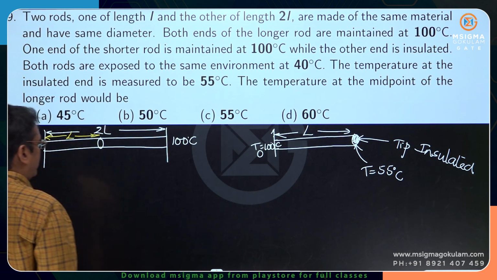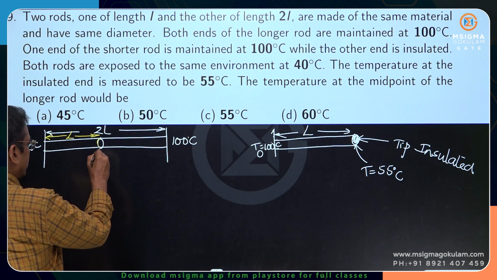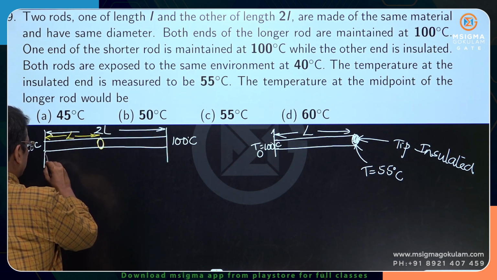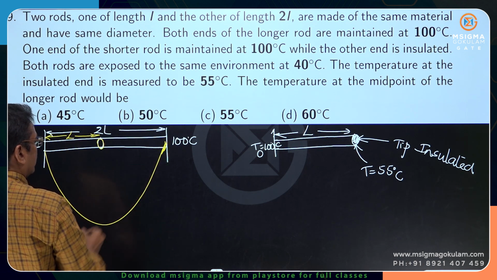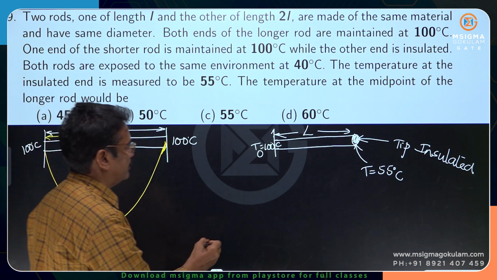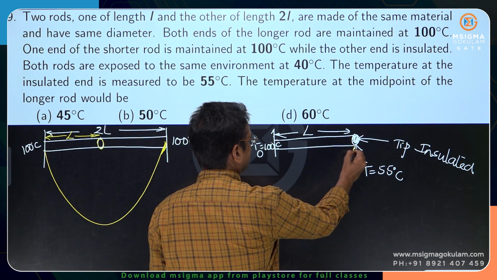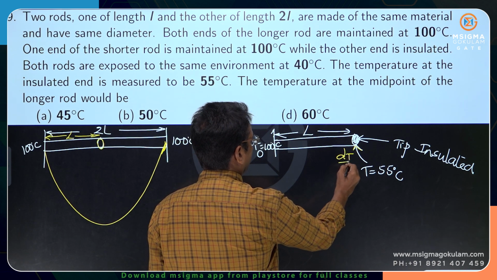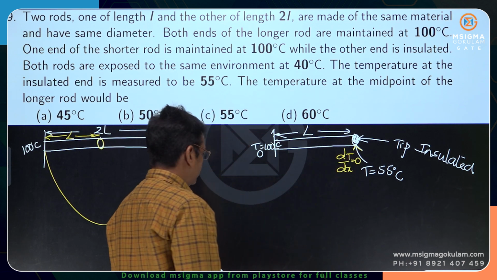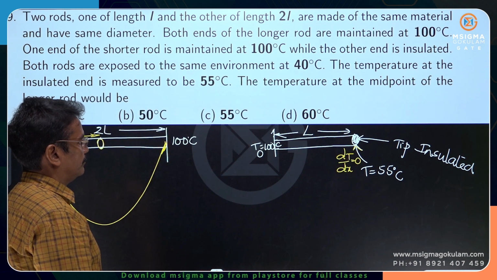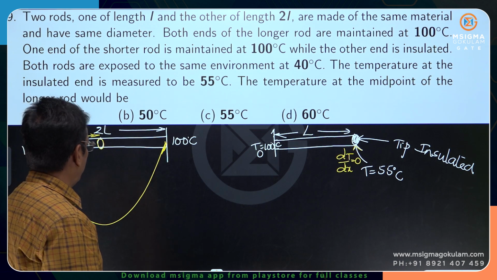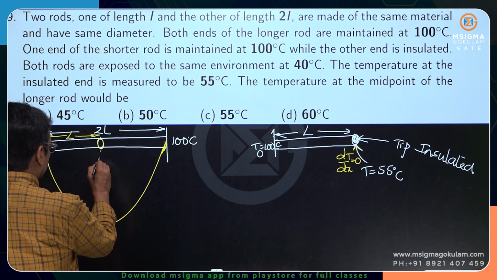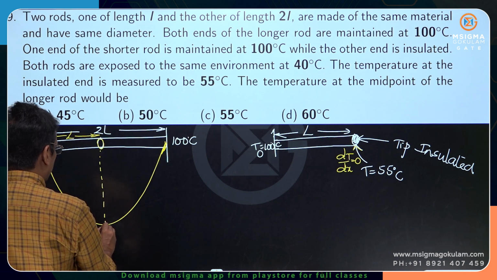From the symmetry of this figure, at the midsection the temperature profile will be like this. What is dT by dx here? At this location dT by dx is equal to 0, because the temperature is minimum there.